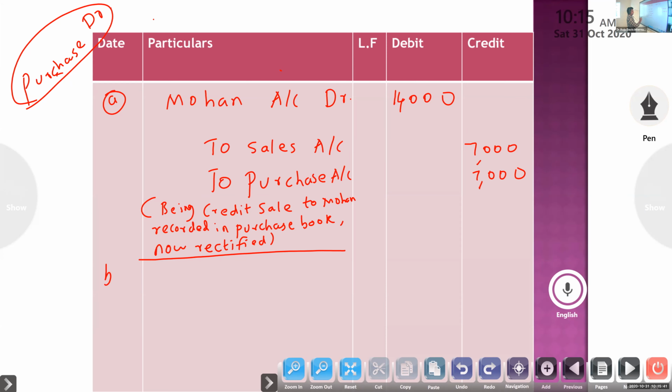Okay, next. Credit purchase from Rohan were recorded in the sales book. This means a purchase transaction was recorded in sales. So credit purchase from Rohan.